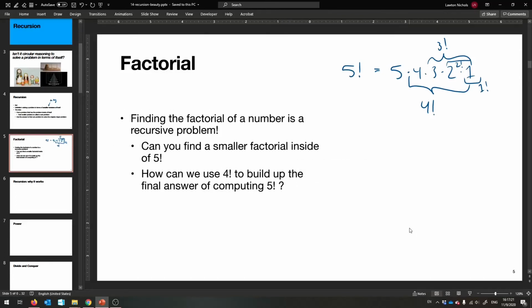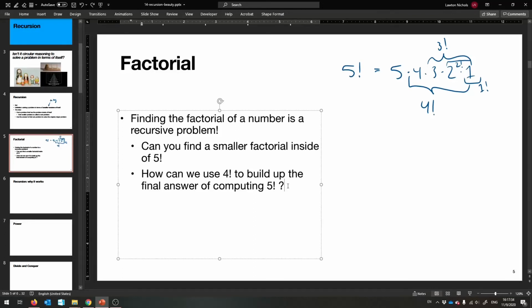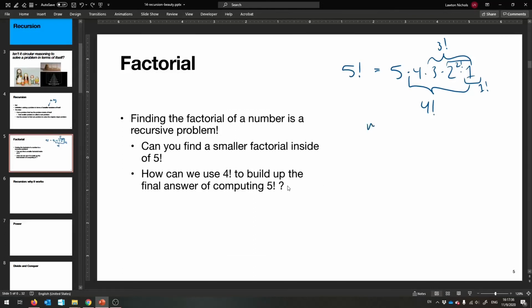So 4 factorial is all this. How do we get 5 factorial based on that? Well, just multiply by 5, right? Just multiply by 5. So now we know. So we get 5 factorial.